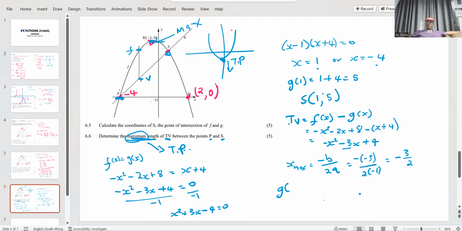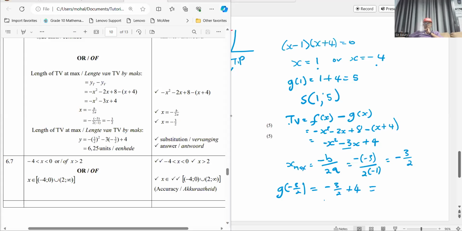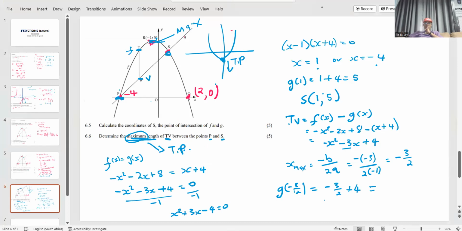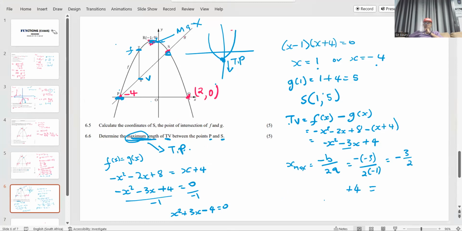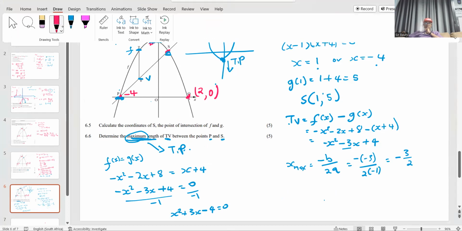So g at negative 3 over 2 equals negative 3 over 2 plus 4, which the answer is going to be... okay, so it means that I cannot use the g of x because that's not the formula that I used to find the distance. Instead, I need to use the original, which is this one.